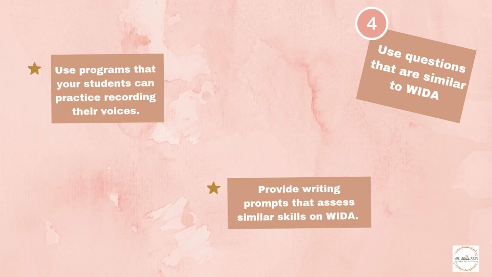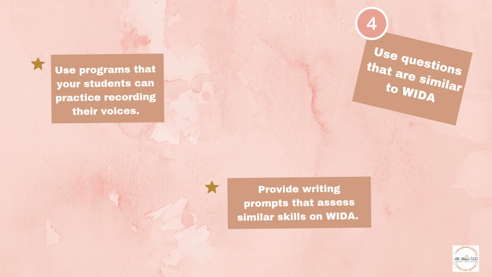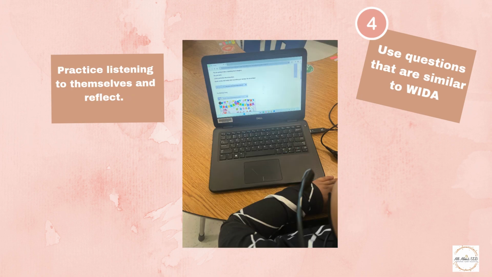Use programs that allow your students to practice recording their voices for speaking practice. Some of the programs I've used before are Sound Recorder, Wixie, Schoology, and Canva. These are great for them to use. They have different features and it is great for them to play around, practice listening to themselves, and you can also use it to give feedback later on.